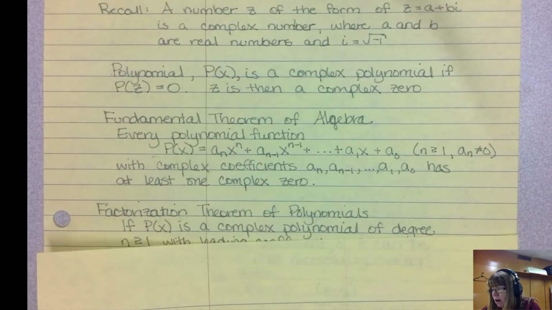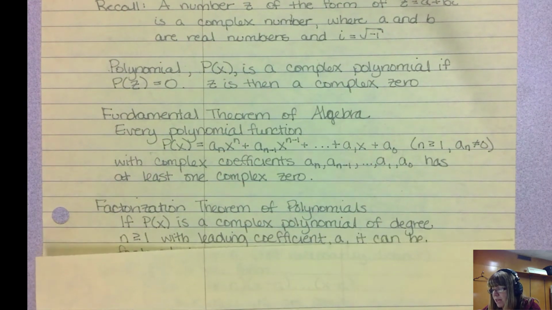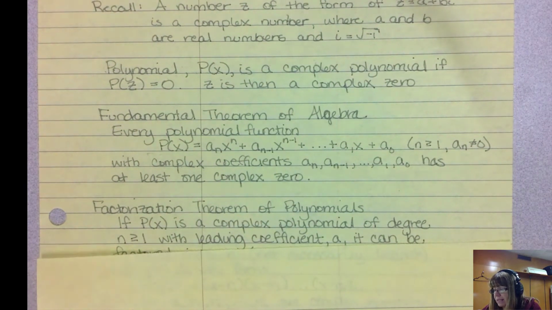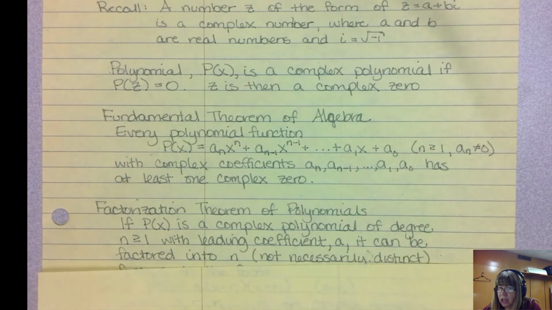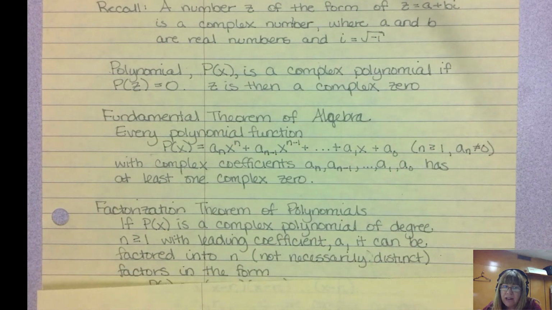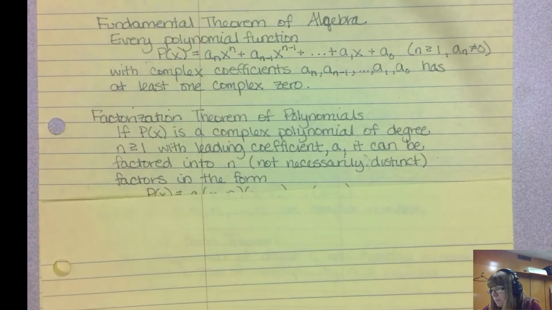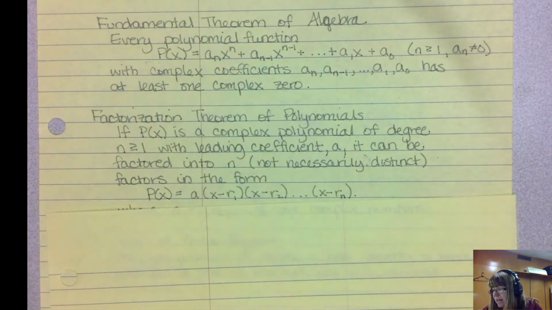If we have a complex polynomial of some degree n greater than or equal to 1, and our leading coefficient is a, some value, it can be factored into n, not necessarily distinct, factors in the form of p of x equals a times x minus r1, x minus r2, all the way down to x minus rn.